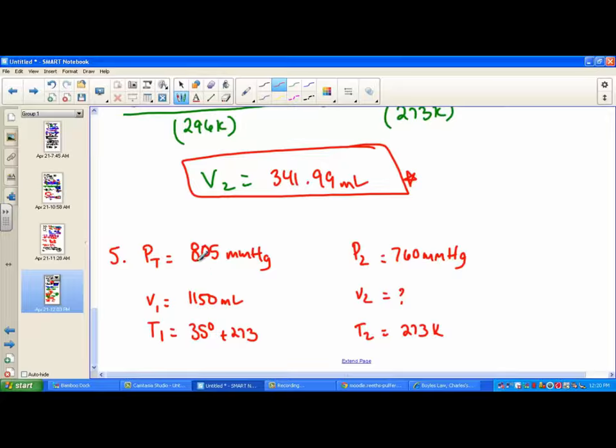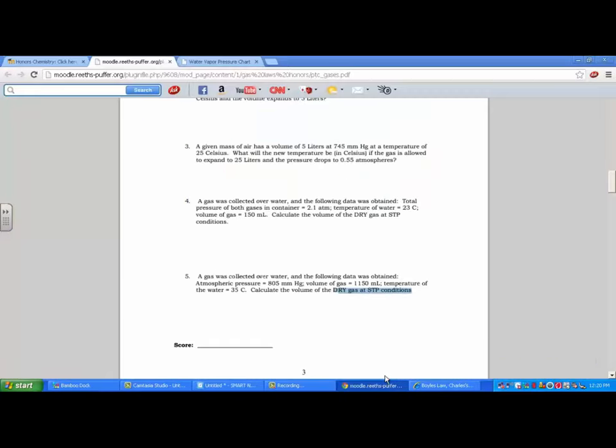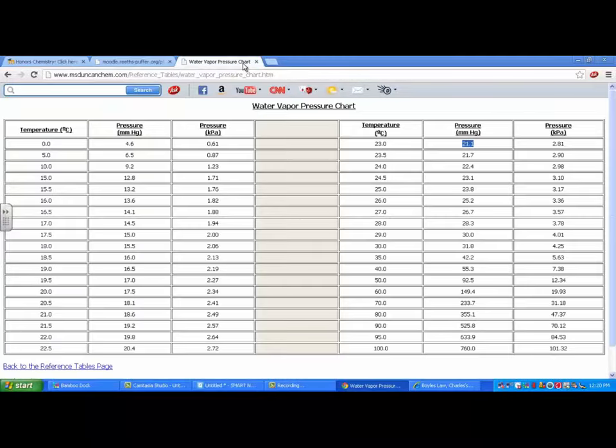I have a little bit of an adjustment yet here. I've got to take out the water pressure, so I've got to subtract. Let's find it on our water chart. The water chart says 35 Celsius. Here's 35. And the unit we're in is found on this chart, mmHg.